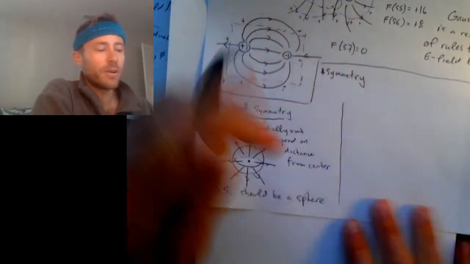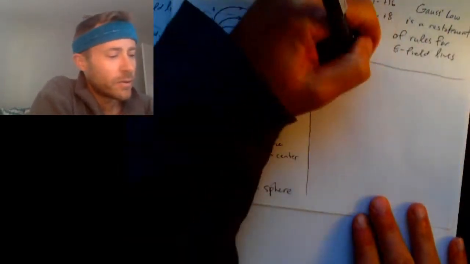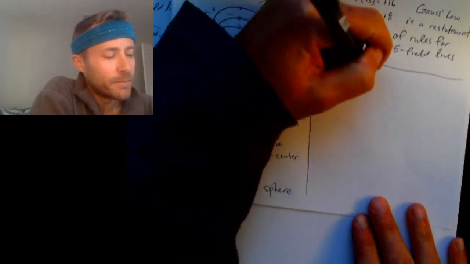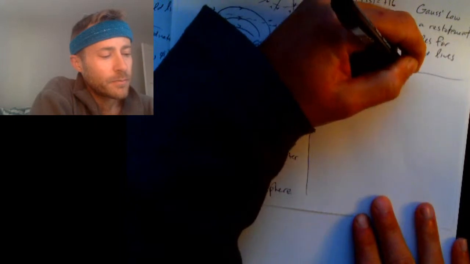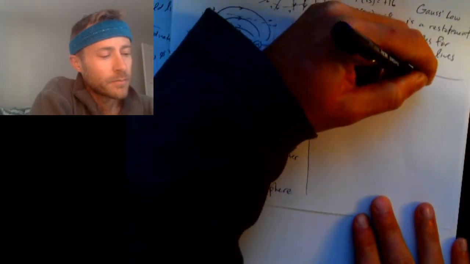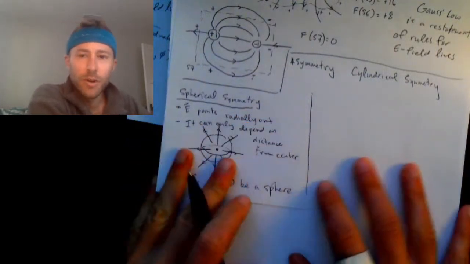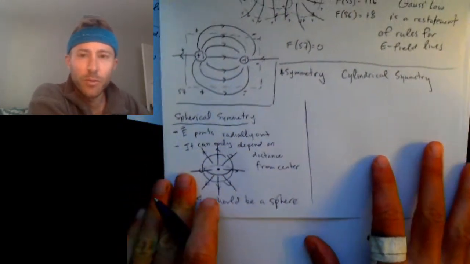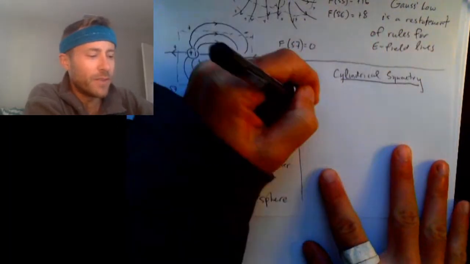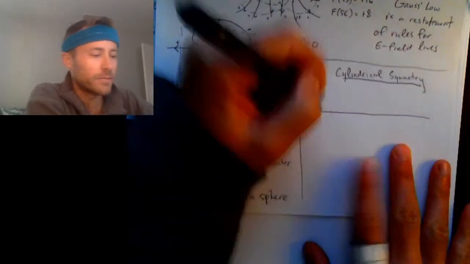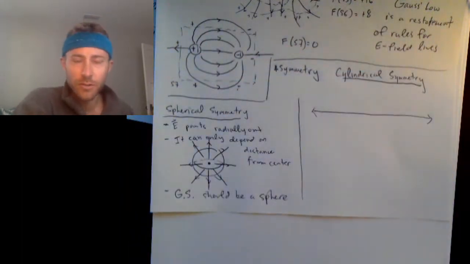The other type of symmetry we will encounter is cylindrical. A good example of a system with cylindrical symmetry is an infinite line of charge. Why does it have cylindrical symmetry?